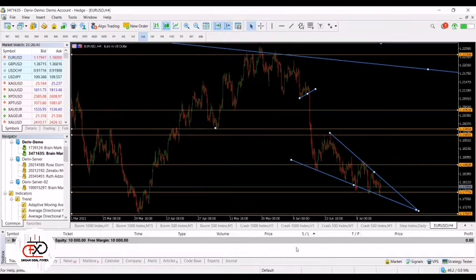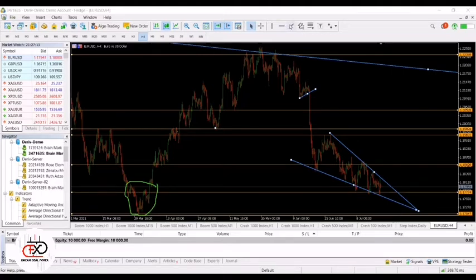But look at this level here, there is a clear pattern that formed. I can see more or less an inverse head and shoulders that gave a proper retest. The market starts bullish from there. When you're able to spot these, you'll be able to enjoy this market.